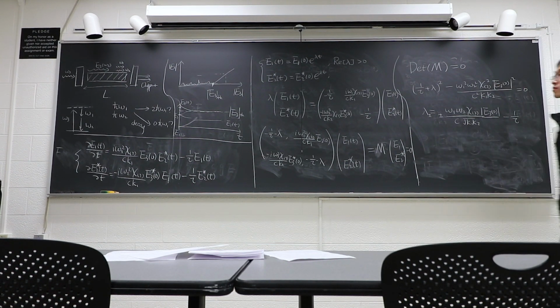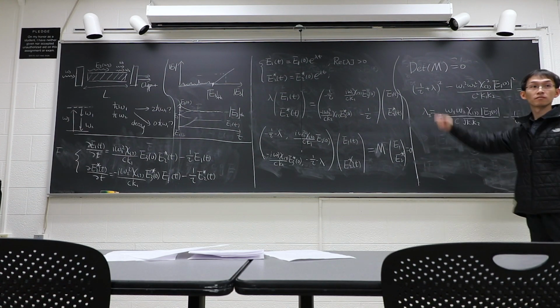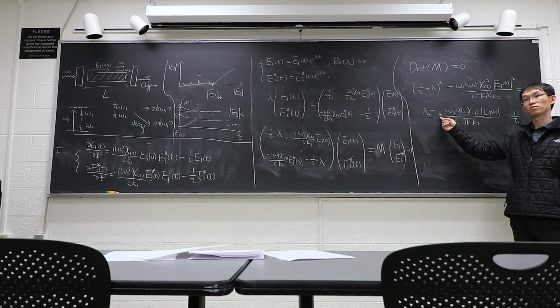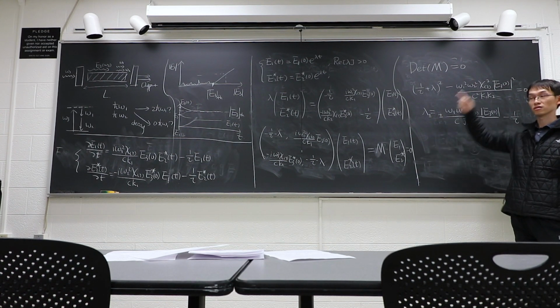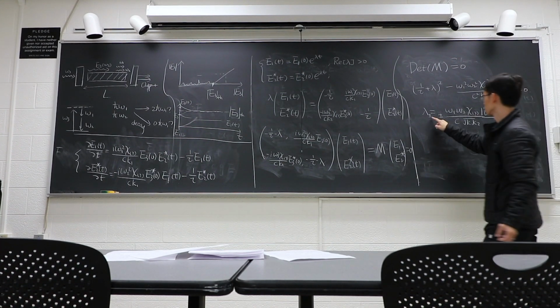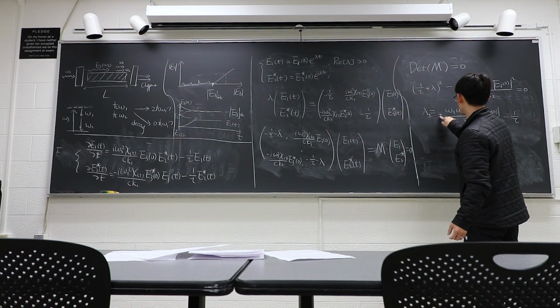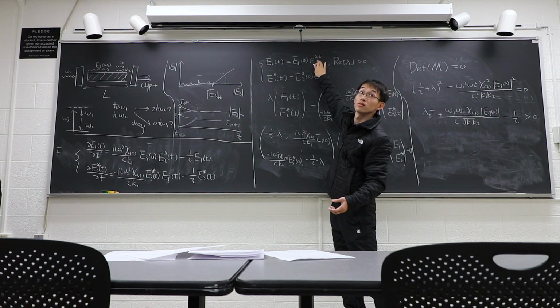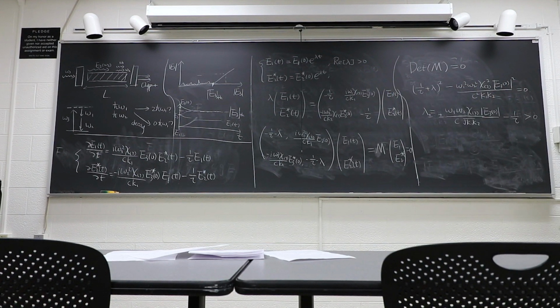Okay, this is a solution for lambda. Apparently, there's a negative solution, right? If you choose a minus sign here. So that one decays. But there's also a positive solution here, right? Lambda plus is this one. If this one is larger than 0, you know the solution will grow. E1 will grow in amplitude. So you have a laser or oscillator. Okay.